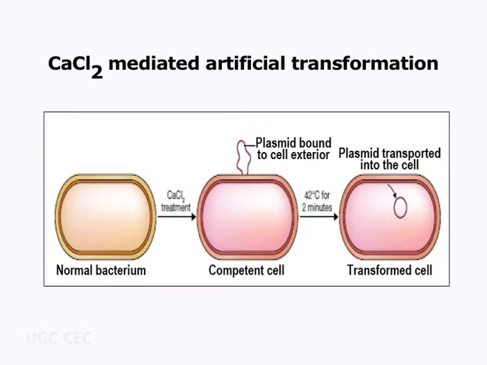This is the simplest method of introducing plasmid DNA inside a bacterial cell by artificial means, which helps us to clone a gene of our interest inside the bacterial cells.